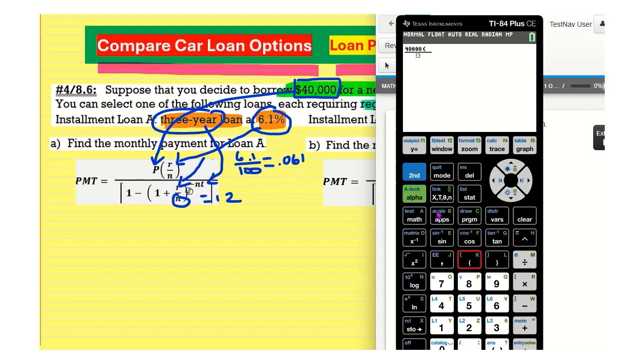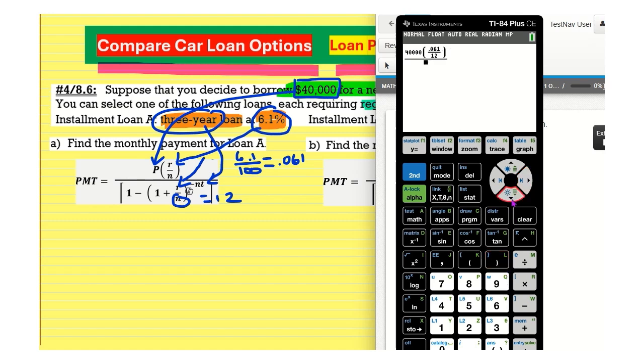So I'm going to do alpha F1 again to get another fraction function. I'm going to put 0.061 for the 6.1% interest rate on loan A. I think I put a 1 in there instead of an A. There we go. And then my denominator is my N, which is the number of payments per year. I'll be making 12 payments per year. Go out of that fraction, close the ratio.